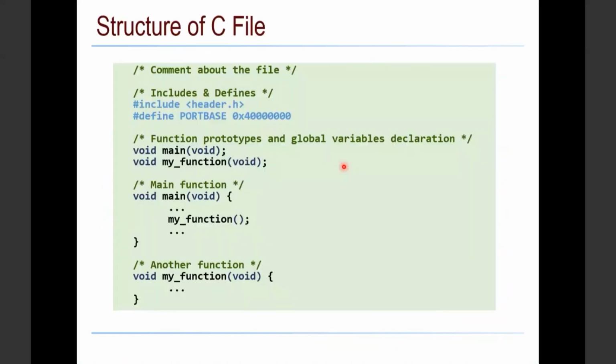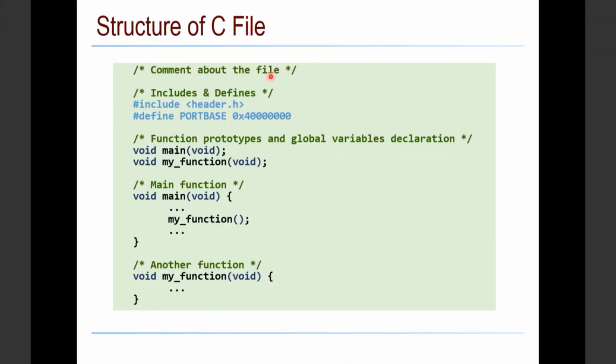Moving on to this slide. This is the basic structure of a C program. You have learned this before in the microprocessor class and in your year 1 C programming, if I'm not mistaken. First, you start with a comment about the file.